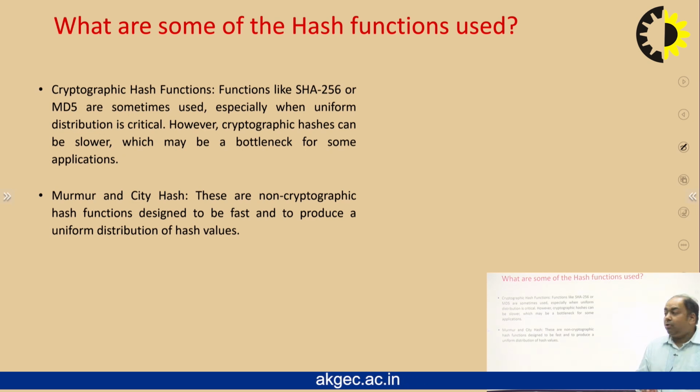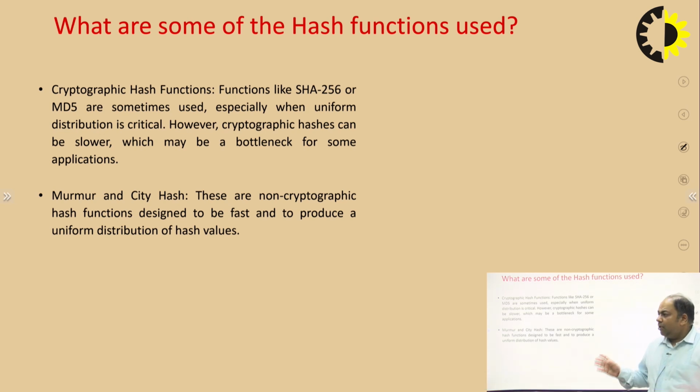What it means is that the outcome of one hash function is not influenced by the outcome of another hash function. What are some hash functions used? One is the cryptographic hash function, in which we use the algorithm Message Digest 5, which I write as MD5. It is used especially when uniform distribution is critical. These cryptographic functions are slower, so sometimes they create a bottleneck for some applications.